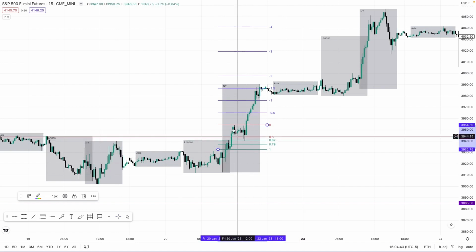We get the lunch pullback after London close, going into lunch, comes back down into optimal trade entry, and we get 1.5. And the day finishes out at 1.5.